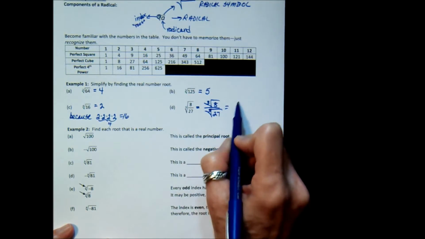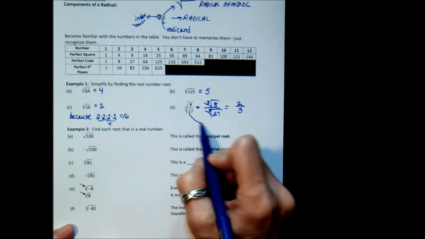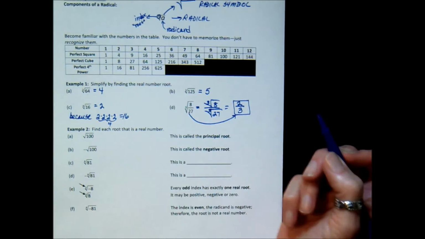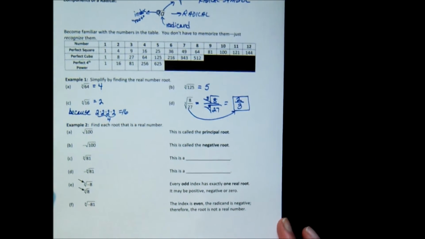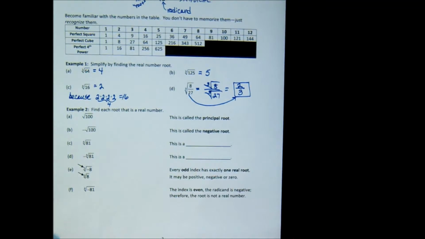The cube root of 8 is 2, and the cube root of 27 is 3, so the cube root of 8/27 is 2/3.